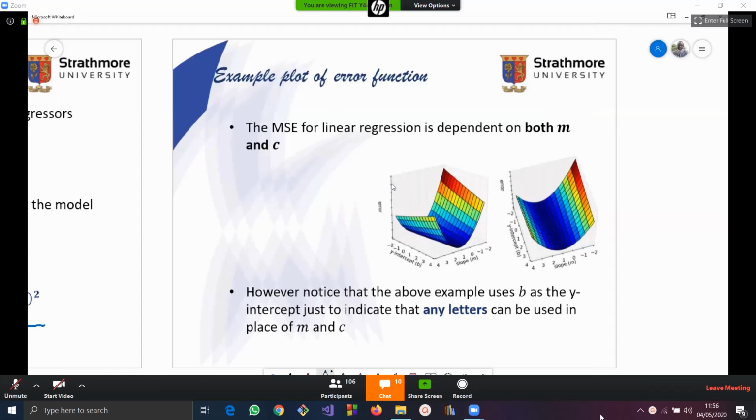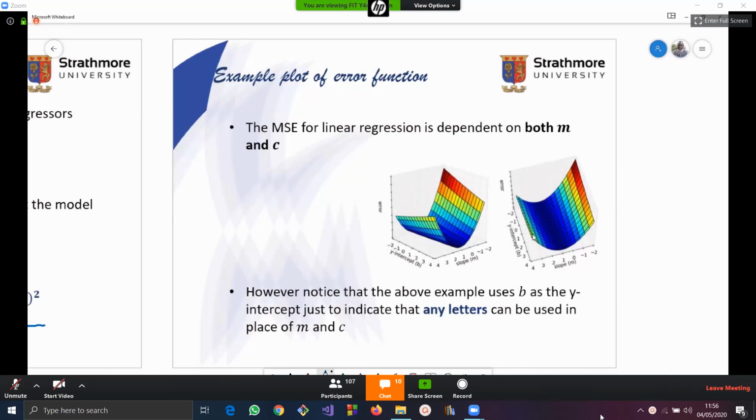So when you do a 3D plot, the error depends on two things. Number one is the slope that I have. Then number two, it depends on the y-intercept I have. And then that will define the error that I will actually have.